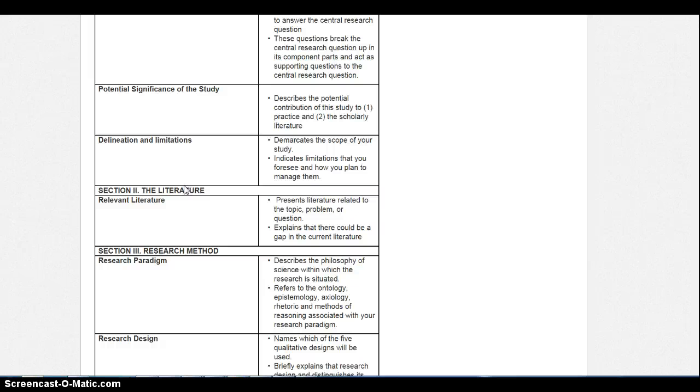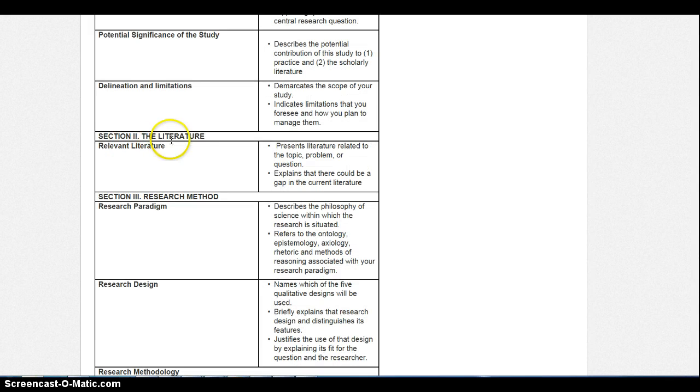If you are studying a sample in a refugee camp where there is potential for the sample to be always moving in and out of the camp, that is a limitation. So then you would have to address how you plan to manage that limitation.